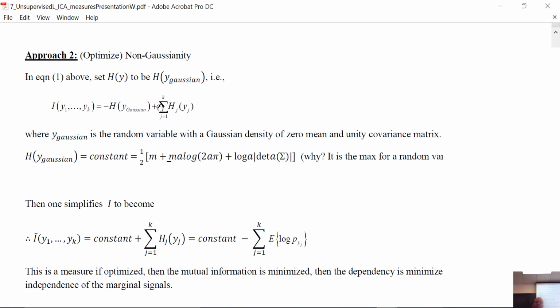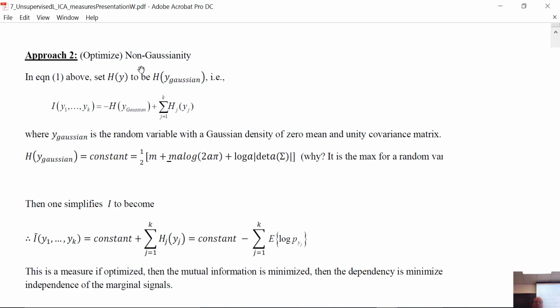So another measure is to make sure that the marginal density, which is on this side, you want to have a process where the process is the max from the Gaussian. So in fact, for the output, you want to minimize uncertainty. You want to minimize the total entropy or the mutual information. So you have one which is max, and you have these marginals.